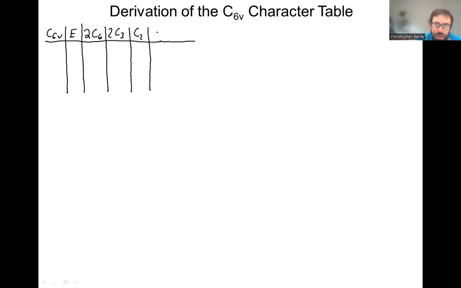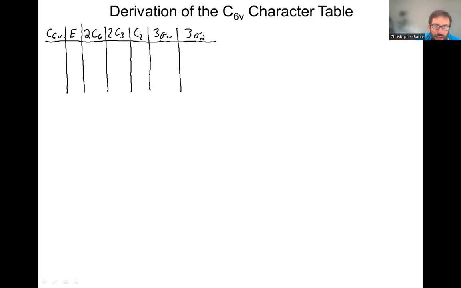And then we have our mirror planes, right? So our mirror planes where we had 3 sigma V's, vertical mirror planes, and we had 3 sigma D's. Sigma D's are dihedral or diagonal mirror planes.